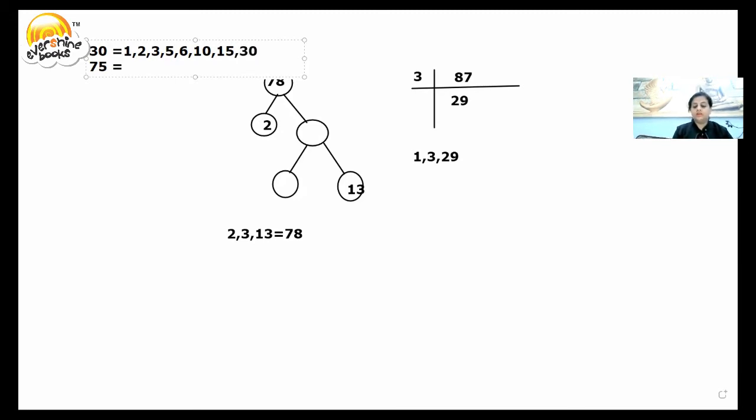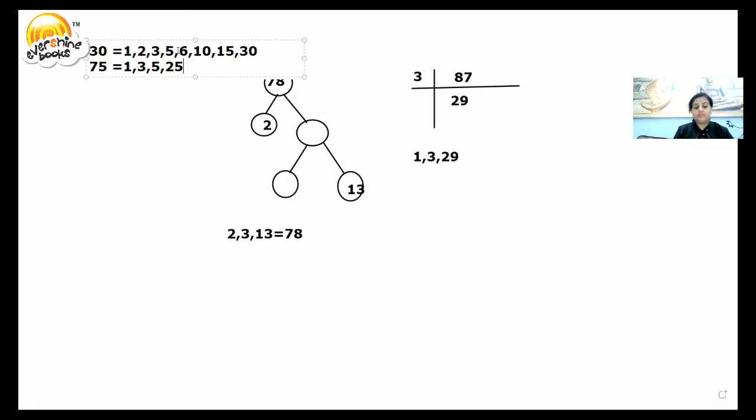These are the factors of 30. Now we come to 75. It is 1. And then 3 can also come, but 2 cannot come. 3. Then 5. Then it will come 25. But we want common factors, up to 30 at least.